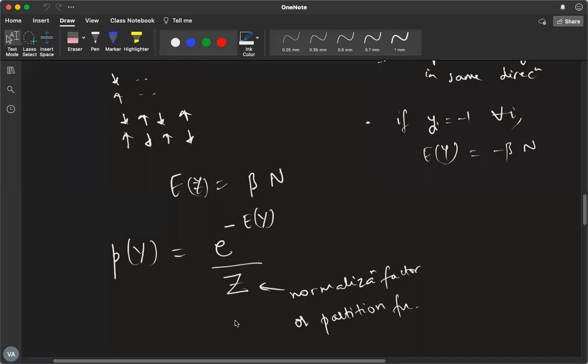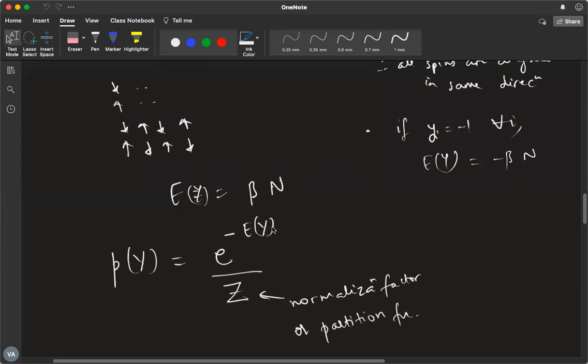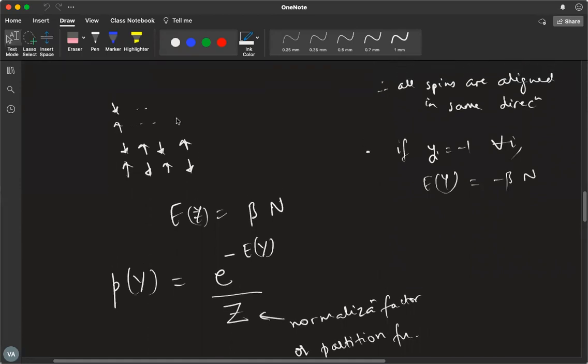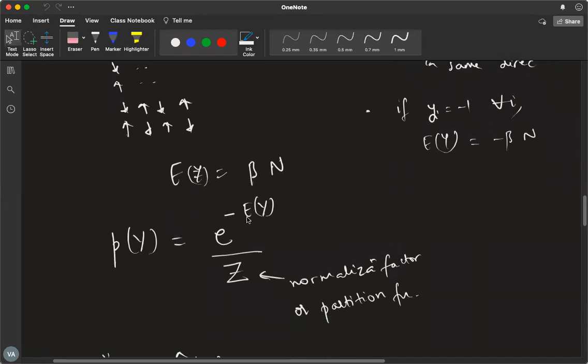And generally, this is very difficult to compute. Let us say you have a 4x4 lattice, then you have to find all possible values which this lattice can take, right? So let us say all are up, all are down, or first one is up, rest all are down, second one is up, rest all are down. How many total states are possible? Total 2 to the power 16 states are possible, which means this term is a sum over 2 to the power 16 terms.